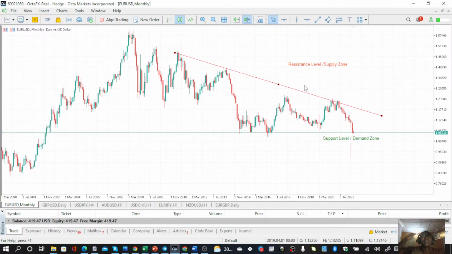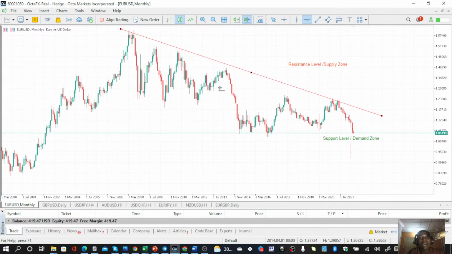Demand zones mean the support level, and supply zones mean the resistance level. So we are in a downtrend. Now let's identify support and resistance levels.